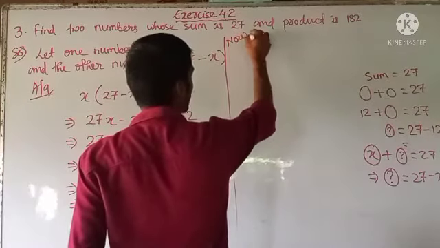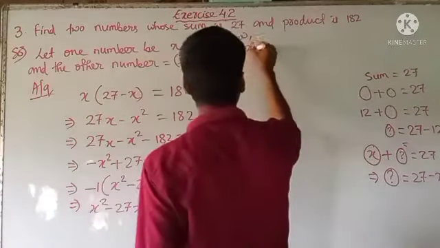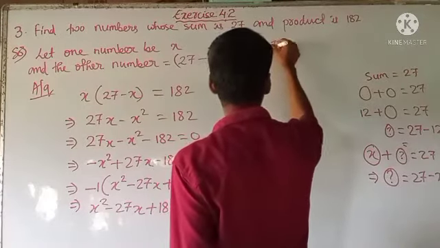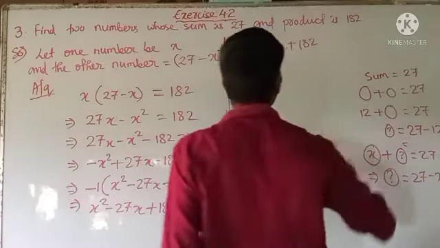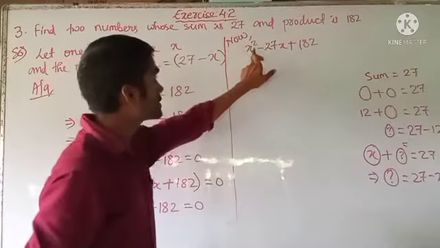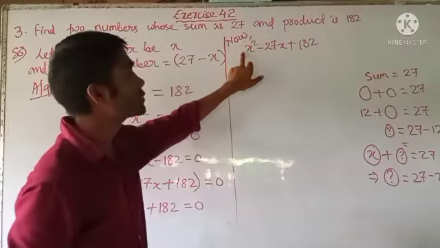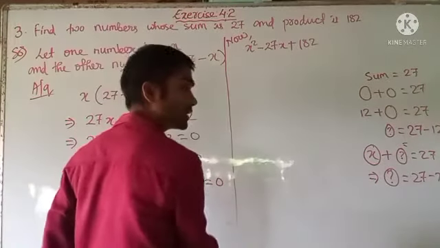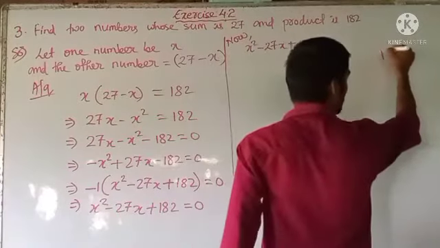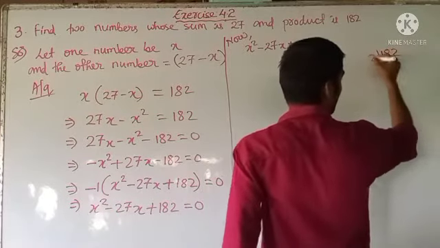Now x square minus 27x plus 182. The coefficient of x square here is 1. 1 into 182, we are going to get the same result. So we will find the factors of 182.